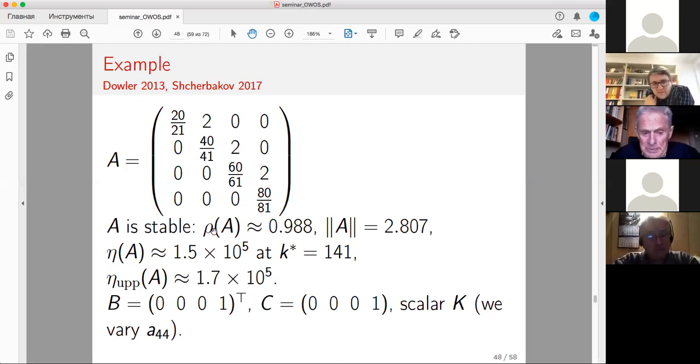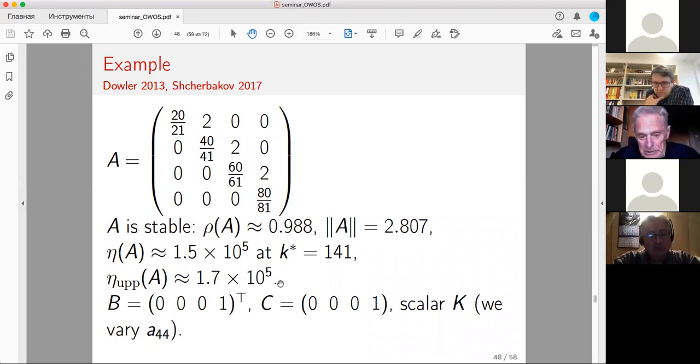Its spectral radius is smaller than one, but not very close to one. The norm is not large, but the peak is very large. It's 10 to the 5, and what is interesting, it's achieved after many, many iterations, 141.